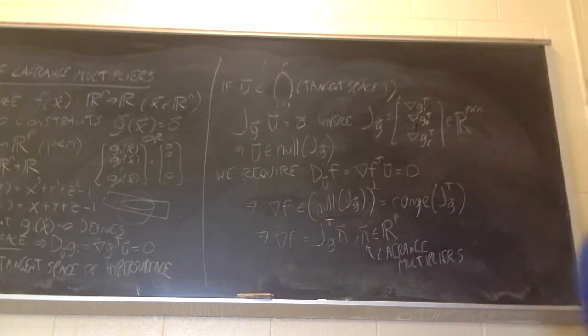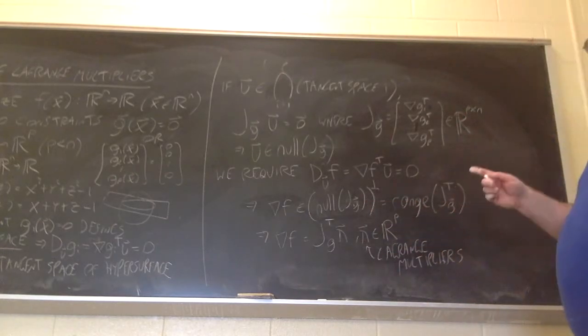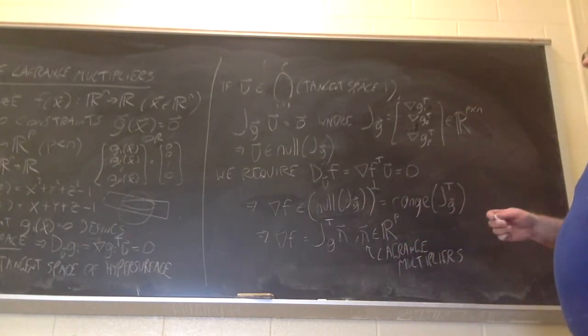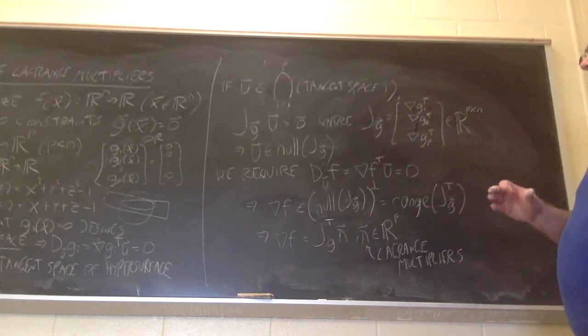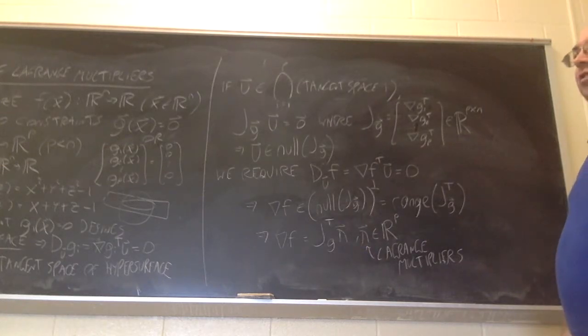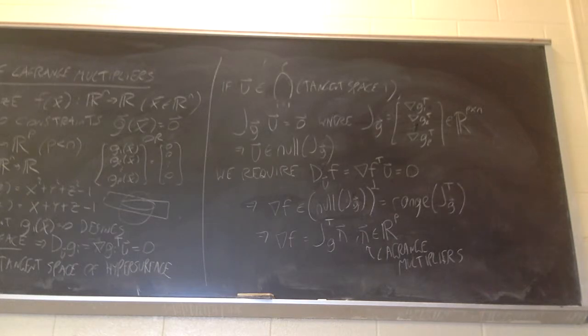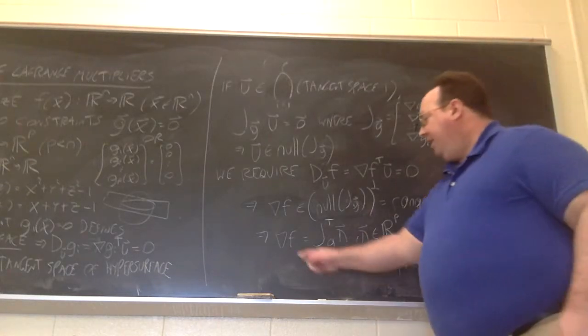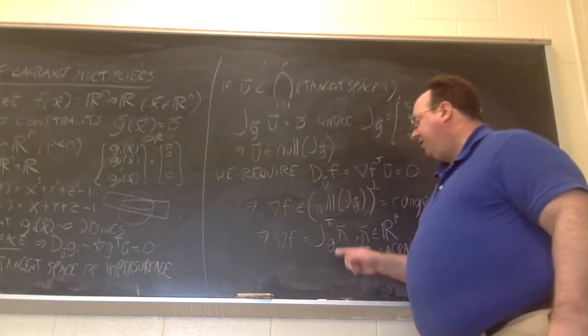Okay. So, to make sure that f does not change within the set of points that satisfy the constraints, which means achieving a local minimum within that set of points only and not the whole space, it must satisfy this for some vector lambda.